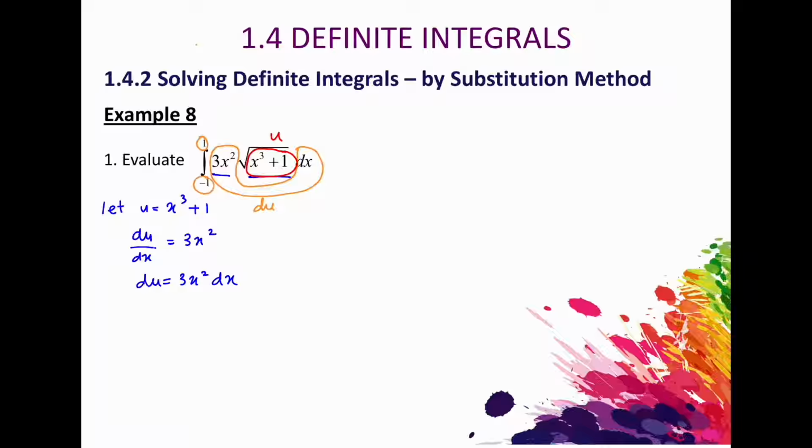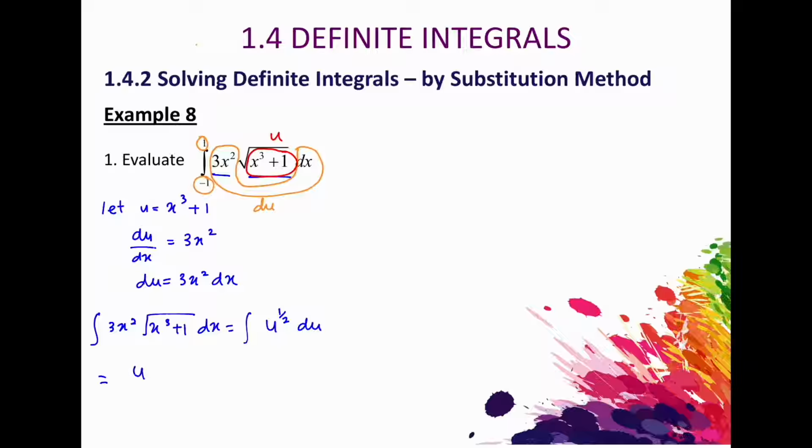Now we can do the integral of 3x squared times the square root of x cubed plus 1 dx, which is equal to the integral of u to the power of 1 over 2 du. Don't forget that we have u to the power of 1 over 2, and then integrate that with respect to u.